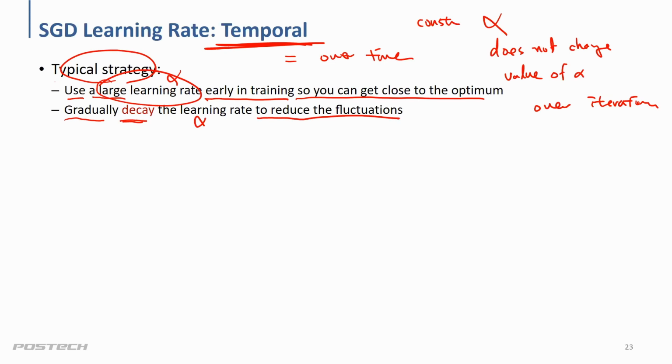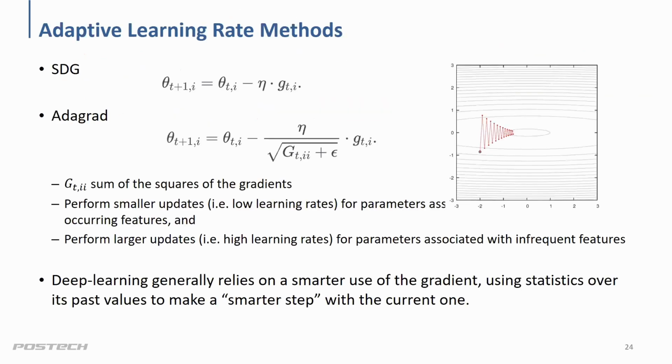And throughout the iterations, I gradually decrease the alphas so we can reduce the effect of fluctuations, eventually hoping that it converges to the optimal solution that we want. That's the typical way to overcome the temporal issues of having a constant value of learning rate. Does it make sense so far?